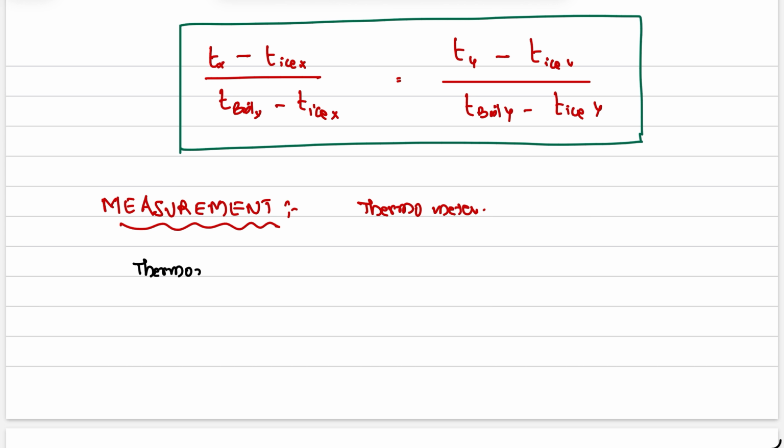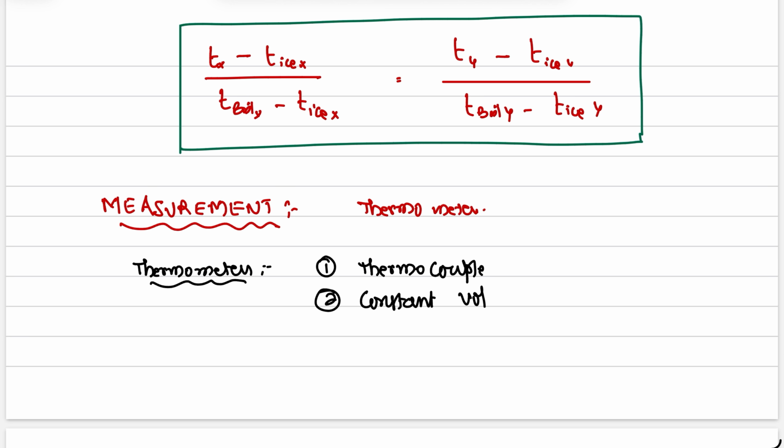What are the different types of thermometers? One is thermocouple. Another is constant volume gas thermometer. It's a gas thermometer at constant volume. Because for an ideal gas, PV is equal to nRT.